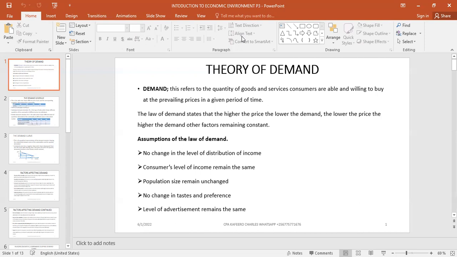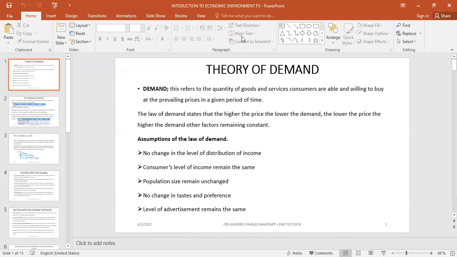Some of these assumptions are that these factors should not change as the prices are changing. We have the level of distribution of income.